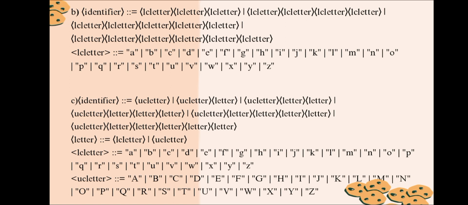So we write from 3 to 6 letters, like letter, and then we separate them by a pipe symbol, and after that we write letter 4 times, and we separate them by a pipe symbol and same as this. And in part C, we have the same as part B.